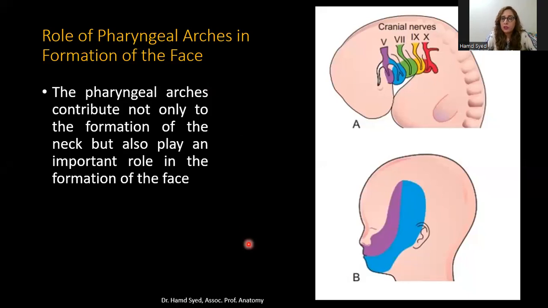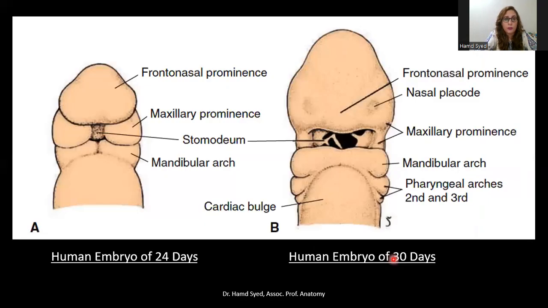The role of the pharyngeal arches in the formation of the face is essential. The pharyngeal arches contribute not only to the formation of the neck, but also play an important role in formation of the face. So we can see that this area of the cheek and the upper jaw, this part is derived from the maxillary process of first pharyngeal arch, and the lower part of the face, that is the lower jaw and the side of the face, is the part which is derived from the mandibular process of the first pharyngeal arch.